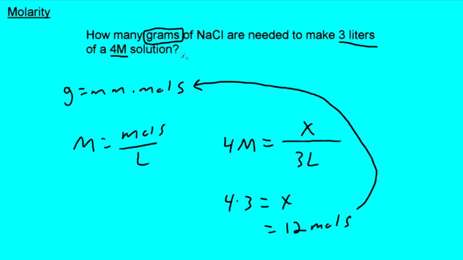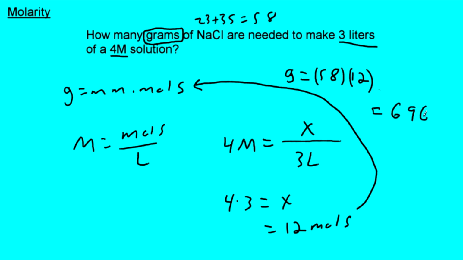We're solving for grams. So grams equals, what's the molar mass of sodium chloride? Sodium is 23. Chlorine is 35. That's 58. So the molar mass of table salt is 58 times our moles, which we got down here. 58 times 12, 696 grams.